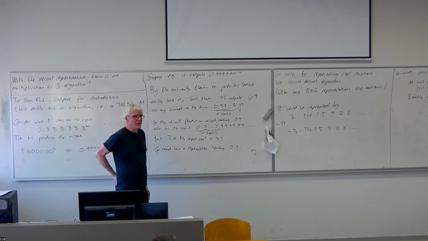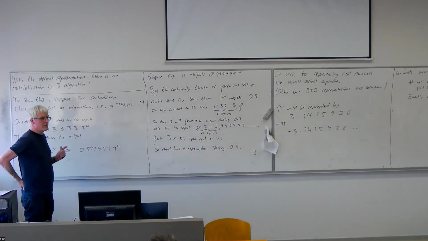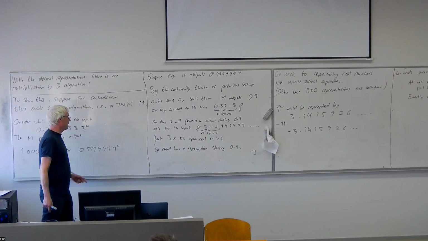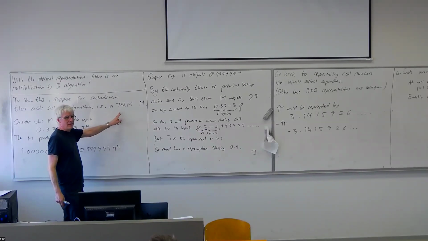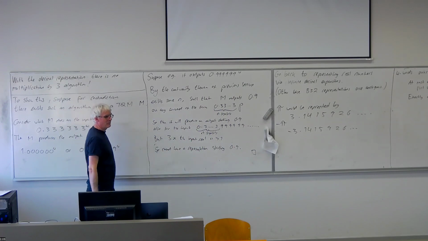So how are we going to fix this? Does anyone have an idea how we can fix it? Before that, just to say, similar problems hold for any base representation, not just base 10. For binary representation, base 2, again you can't multiply by 3. For base 3 representation, you can multiply by 3, because multiplying by 3 is just shifting the point one place to the right.